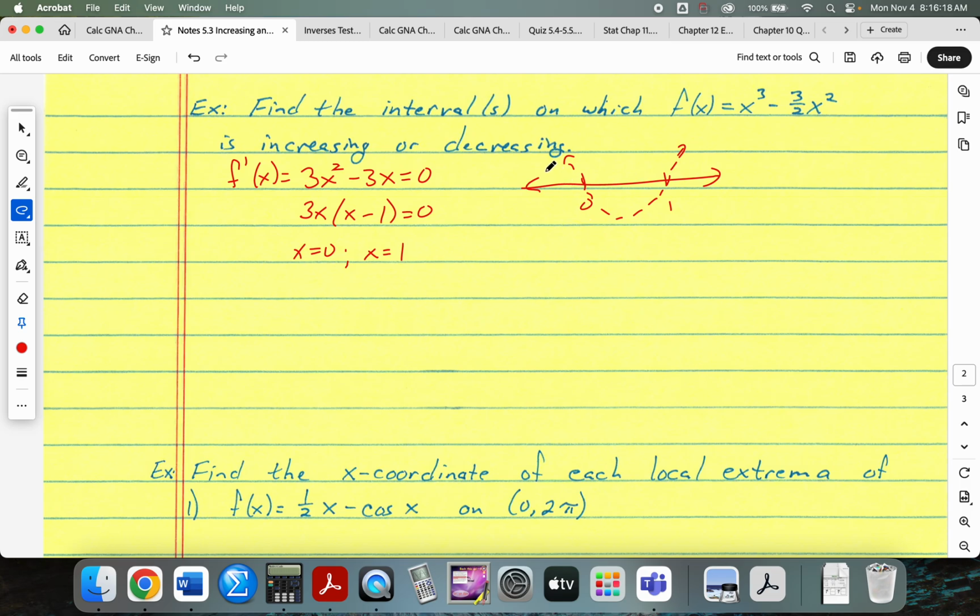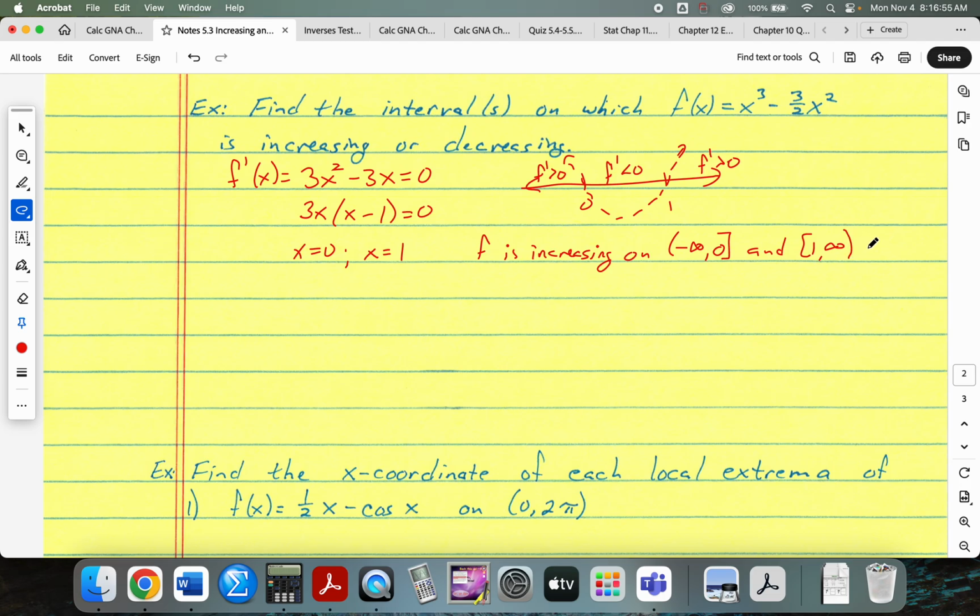I can go, okay, f prime positive, f prime negative, f prime positive. So f is increasing on open at negative infinity, closed at 0, and closed at 1, and open at infinity.